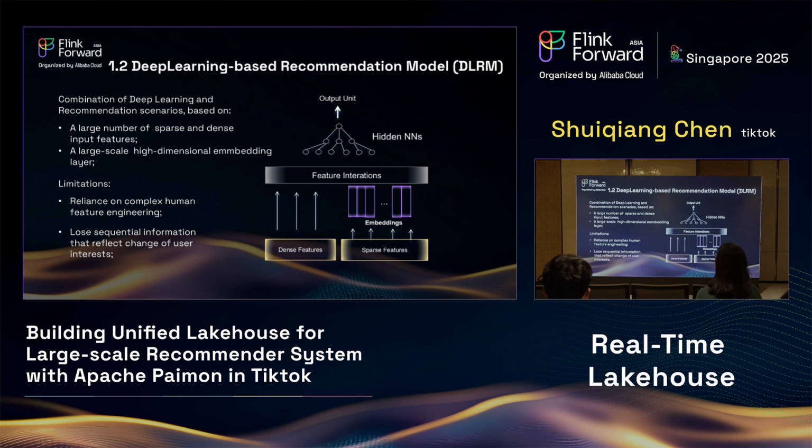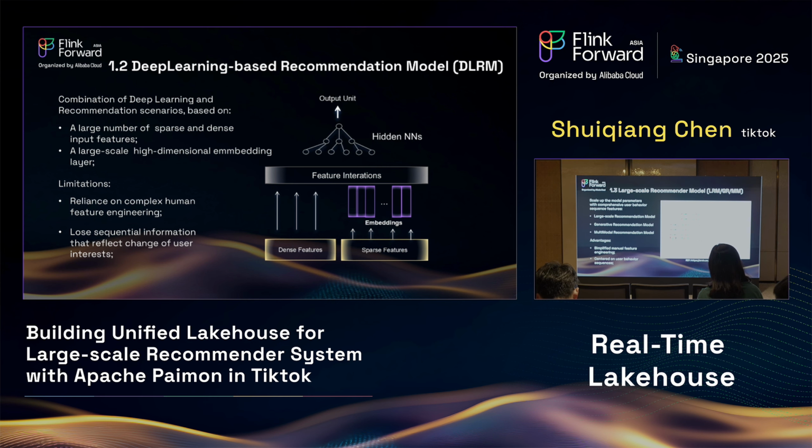They are mainly based on a large number of sparse and dense input features and a large-scale high-dimensional embedding layer. But this model has some limitations as it heavily relies on complex human feature engineering, and the sparse and dense features also lose sequential information that can reflect the change of user interests.